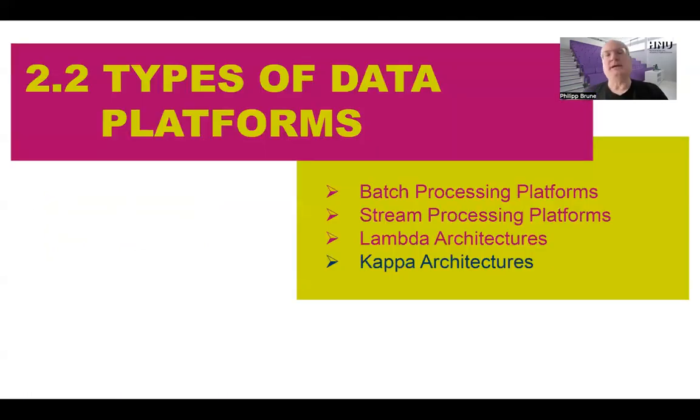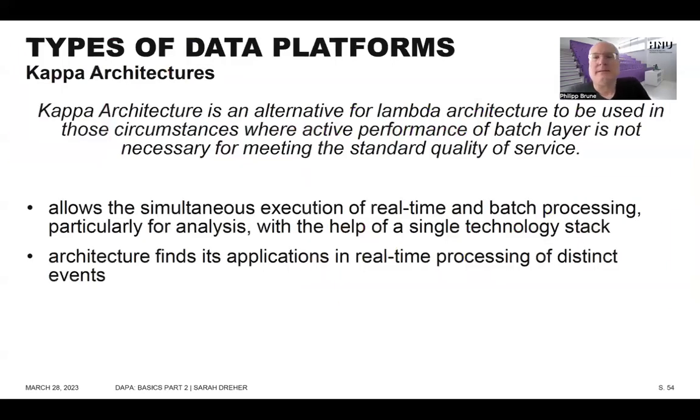To compare, the other option would be the Kappa architecture. The idea of the Kappa architecture is to reduce the complexity compared to the Lambda architecture.